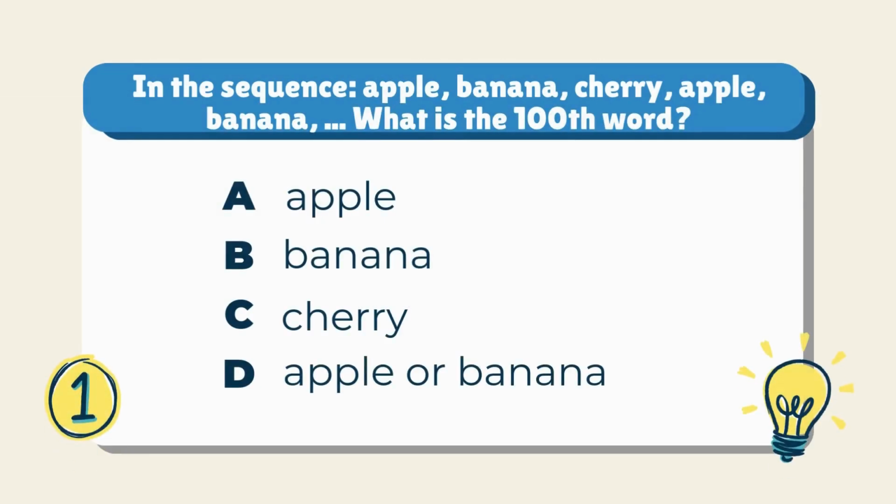Question number 1. In the sequence apple, banana, cherry, apple, banana, what is the 100th word? A. Apple. B. Banana. C. Cherry. D. Apple or banana.